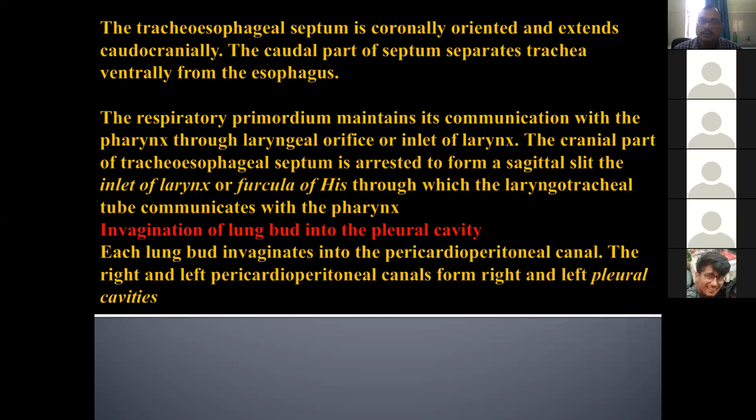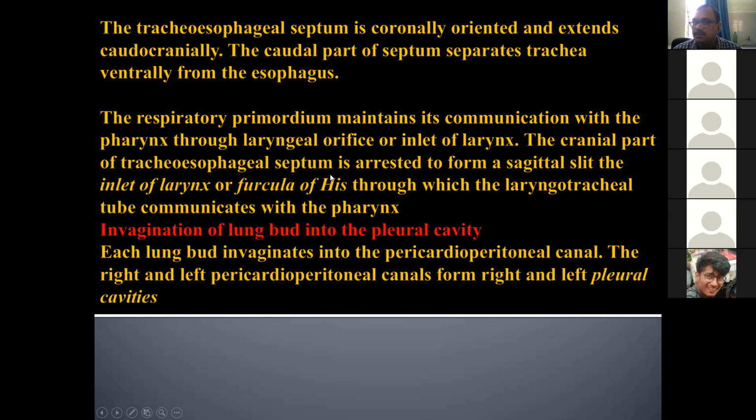Okay. So the respiratory primordium maintains its communication with the pharynx through the laryngeal orifice or inlet of larynx. The cranial part of the tracheoesophageal septum is arrested to form a sagittal slit, the inlet of larynx or furcula.